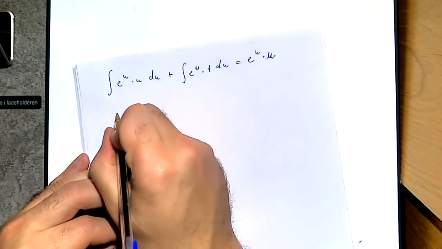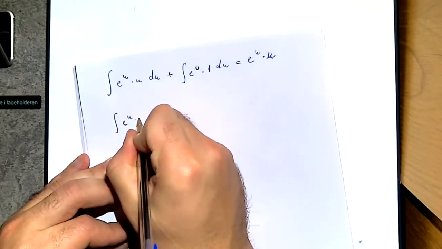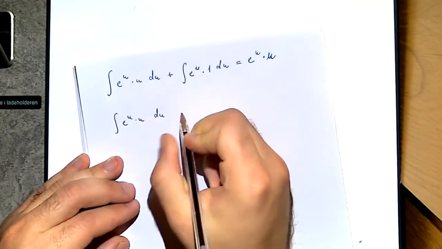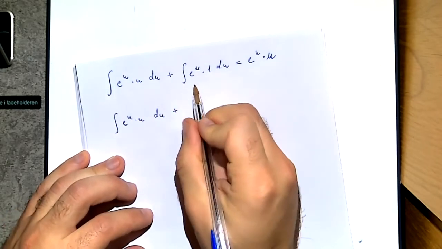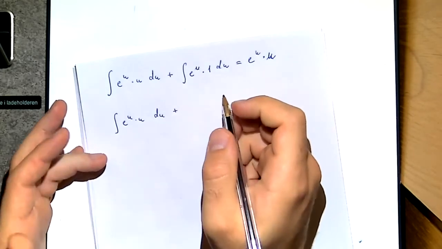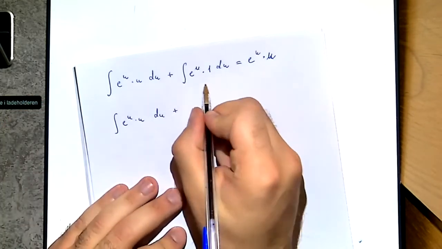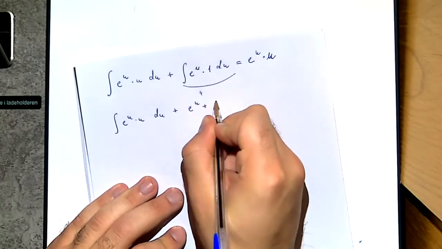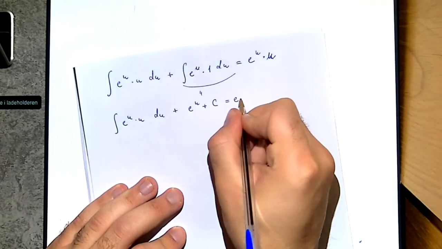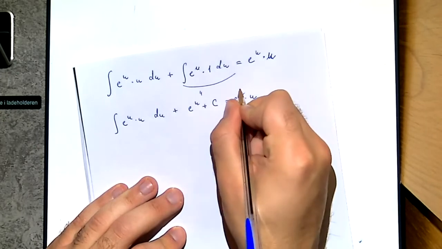And now I have integral e^u multiplied by u du plus integral of e^u, which is just the exponential, it doesn't change. So this is just e^u plus a constant, equal to e^u multiplied by u.